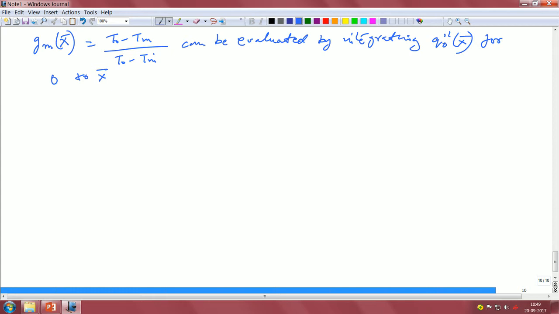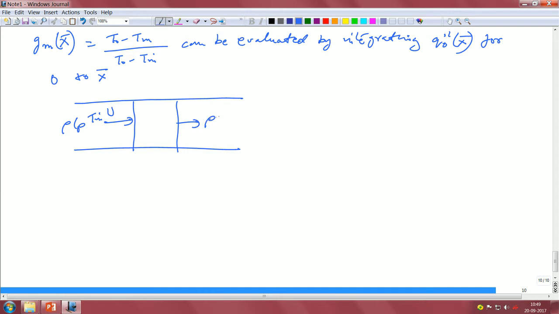So, this almost boils down to something like this. This enters with a temperature of T in into U, this exits with a temperature of Tm into U, and there is of course Q naught that has been added to this control volume, right.